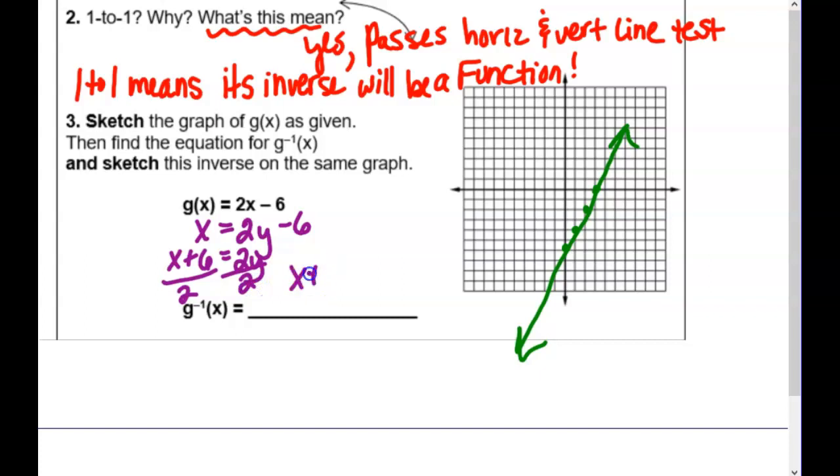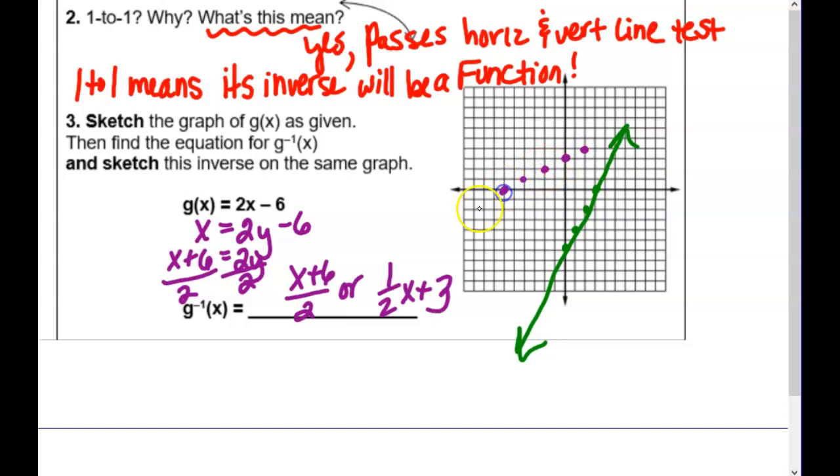So you could write x plus 6 all over 2. Or normally in this form, we would say there's a 1 in front of the x, so that's a 1/2 x, and 6 divided by 2 is 3. So this one starts at 3 and is going up 1 and over 2.